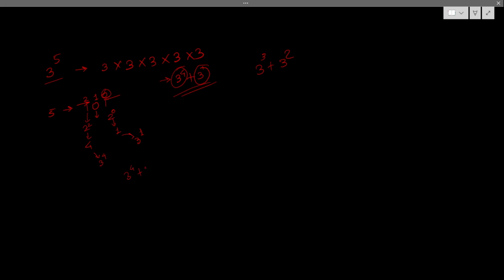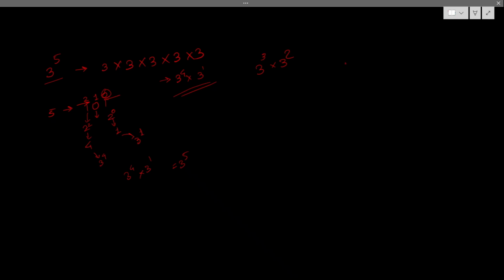Sorry, not plus, my bad: it is 3 to the power 4 into 3 to the power 1. Here also it is not plus, it should be into. If I do that, it is still 3 to the power 5. So that's why I am doing this calculation.